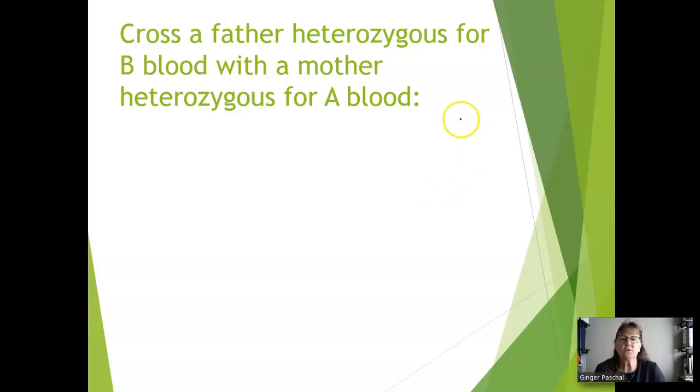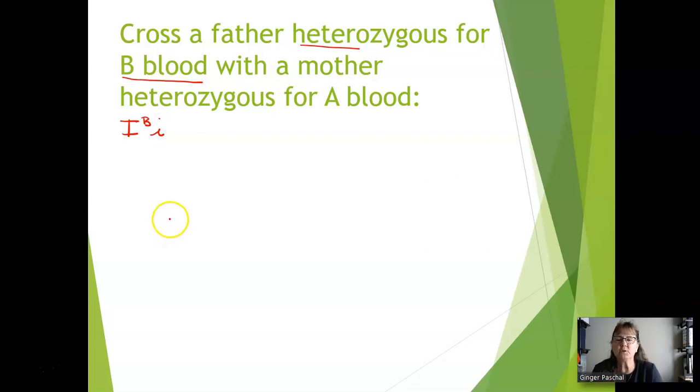So let's do this. Let's cross a father who is heterozygous for B blood. So if he's type B, there's two ways that he can get that. He can be I superscript B, which we know he has to have. And his second letter could be lowercase i, or it could be I superscript B. But here it says he's heterozygous, so that clarifies the issue.